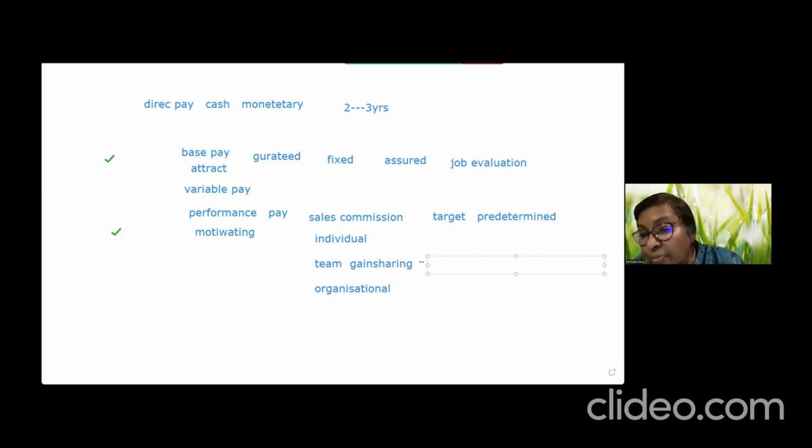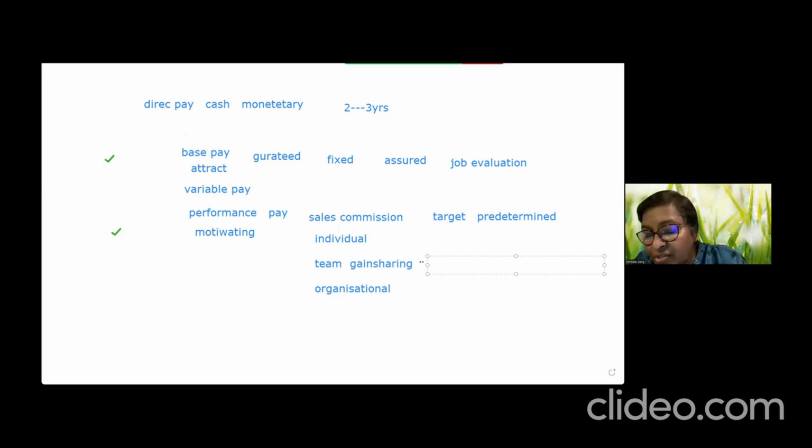Now, when you increase your productivity within the given resources and material, so that your costs are low, then you have achieved certain gains. These gains are shared with the team, so it's called gain sharing.